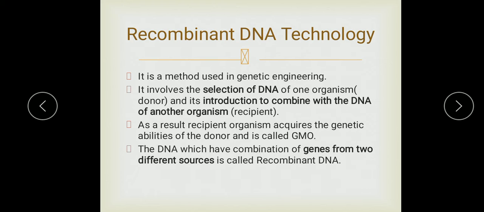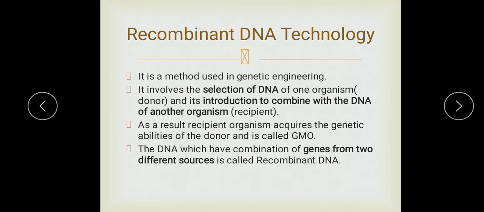As a result, the recipient organism will acquire the characteristics of the donor organism because it will have the gene of the donor organism, and you know that all the information of a living organism is actually present in its genes. So whenever an organism has a gene of a different organism, it will also acquire the character of that different organism.